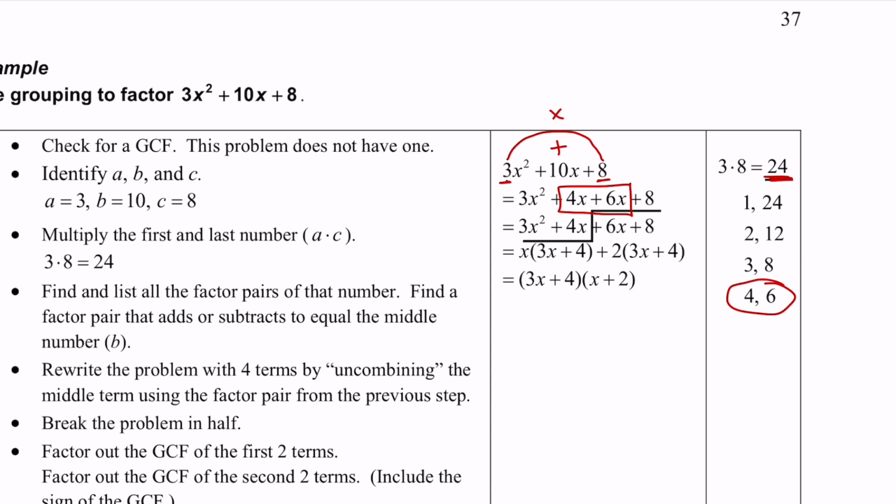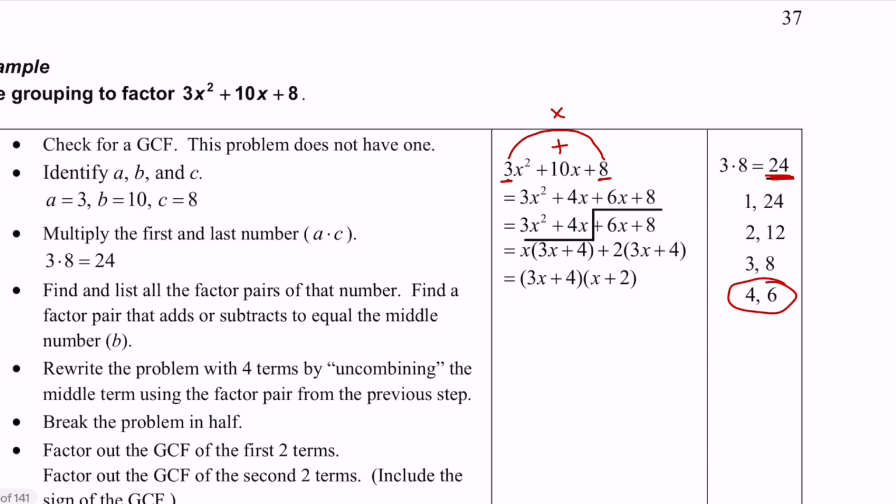So we just take and make a lightning bolt. We look at the first two. They both have an x in common, and so we take our x out. We have 3x plus 4.